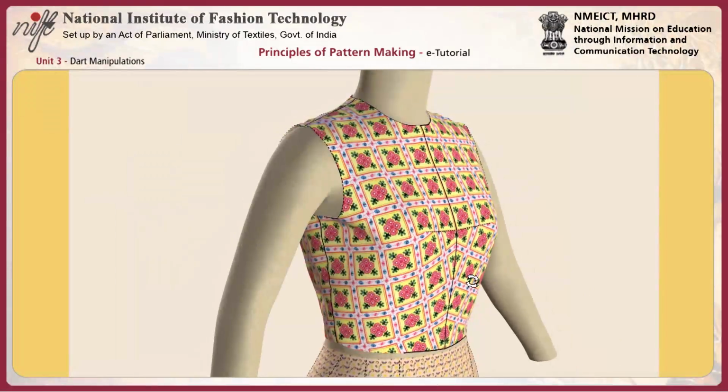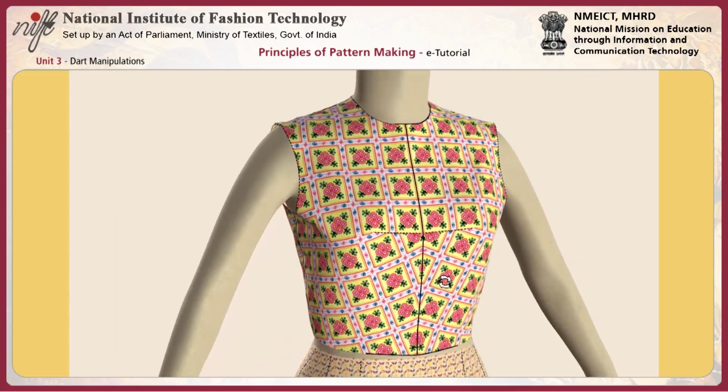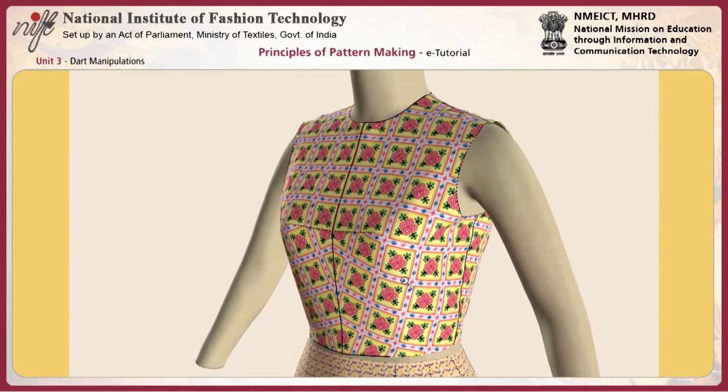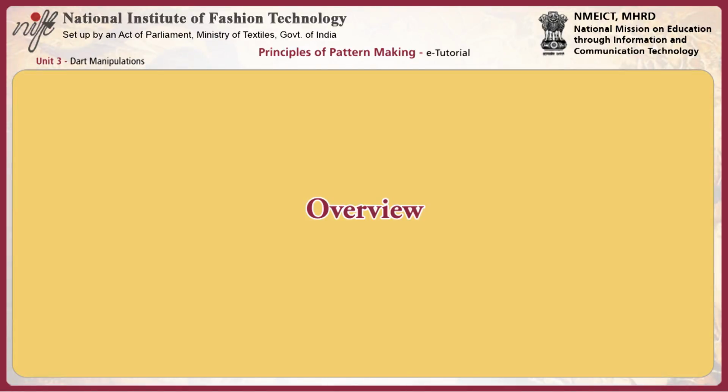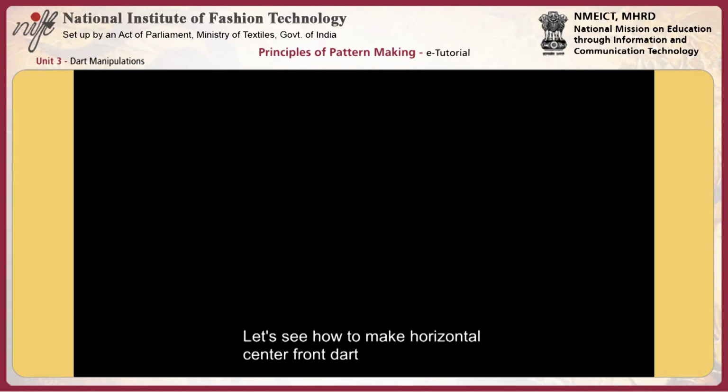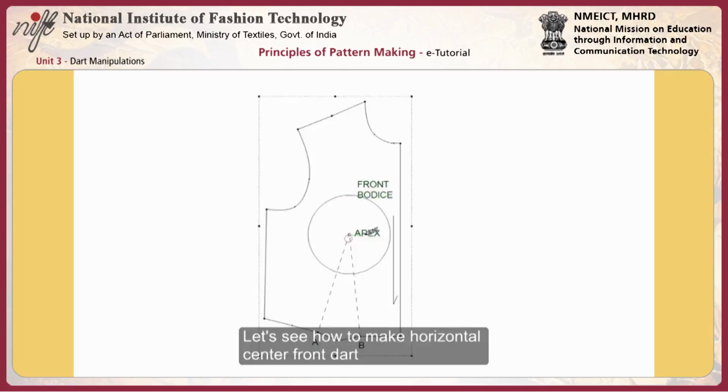The shoulder and waist dots of front bodies are modified to a single horizontal center front bust line dot. Let's see how to make horizontal center front dot.